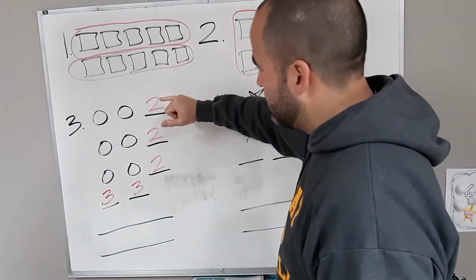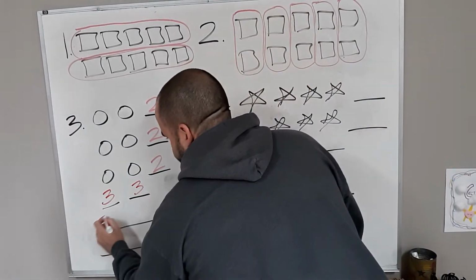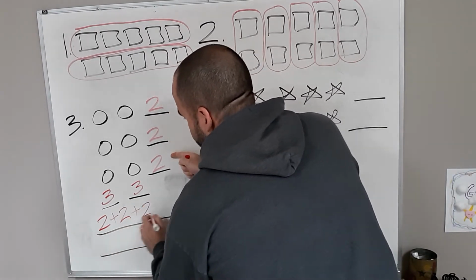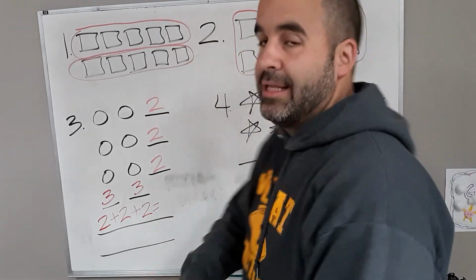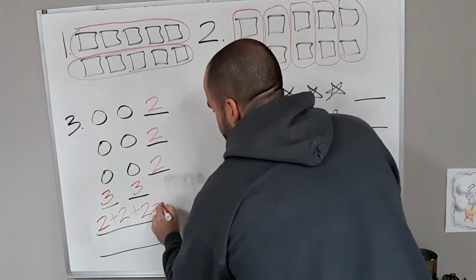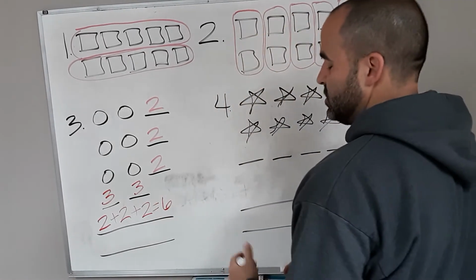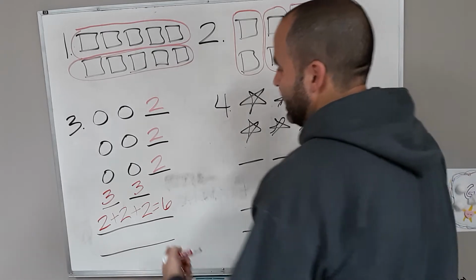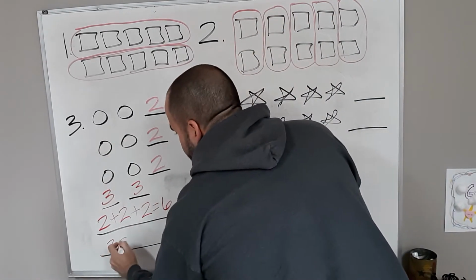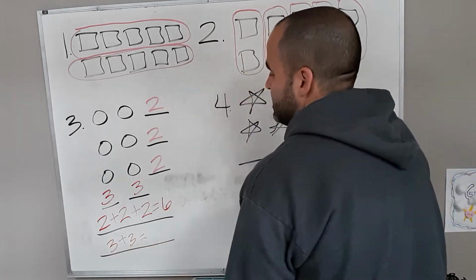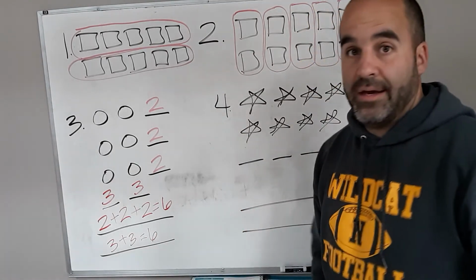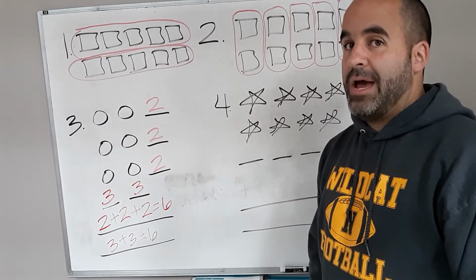So, we can go 2 plus 2 plus 2 and that equals, well, let's skip count. 2, 4, 6. 2 plus 2 plus 2 equals 6. Okay, then the second equation we can do is we can add together the columns. 3 plus 3 equals, and again, that's a doubles fact, so we know that is 6. Okay? Not that bad. Let's go on to number 4.